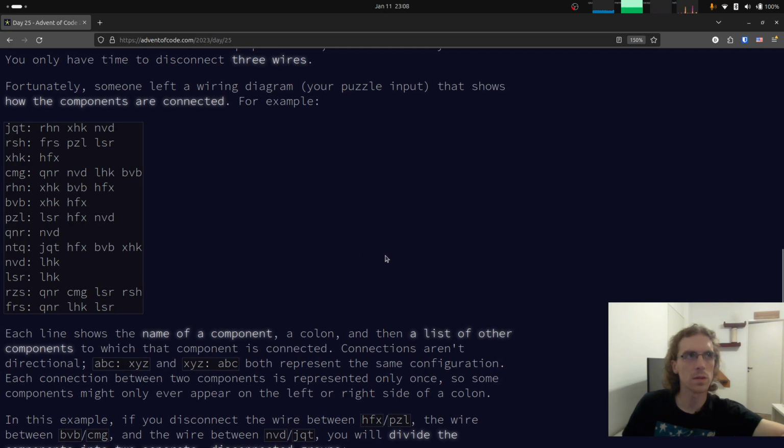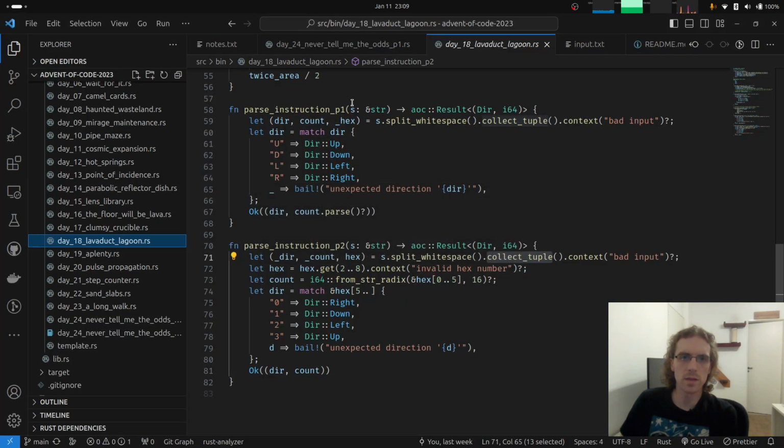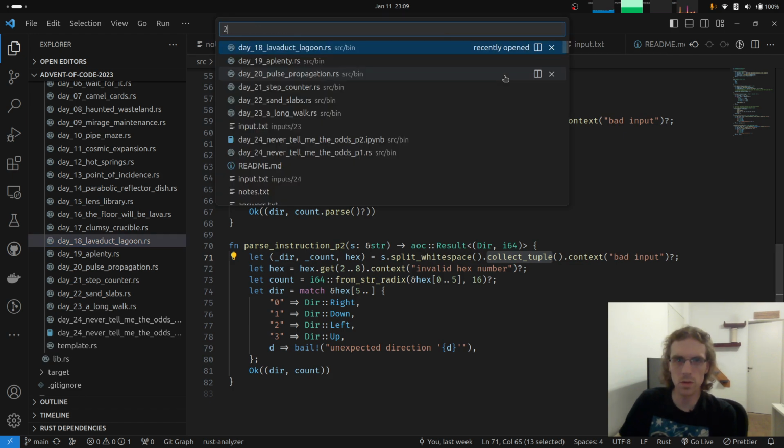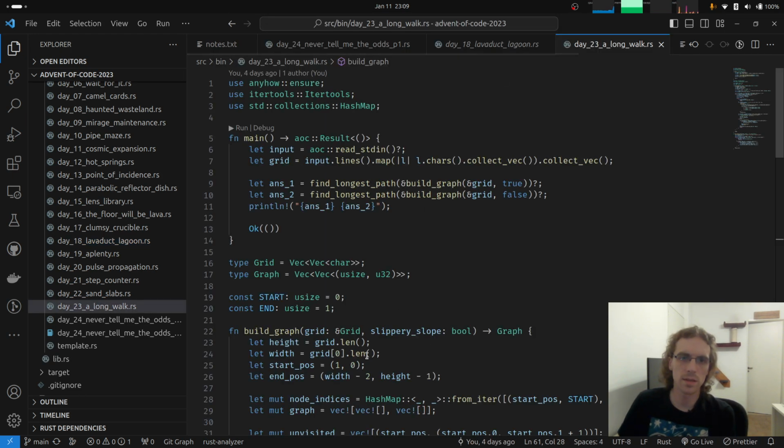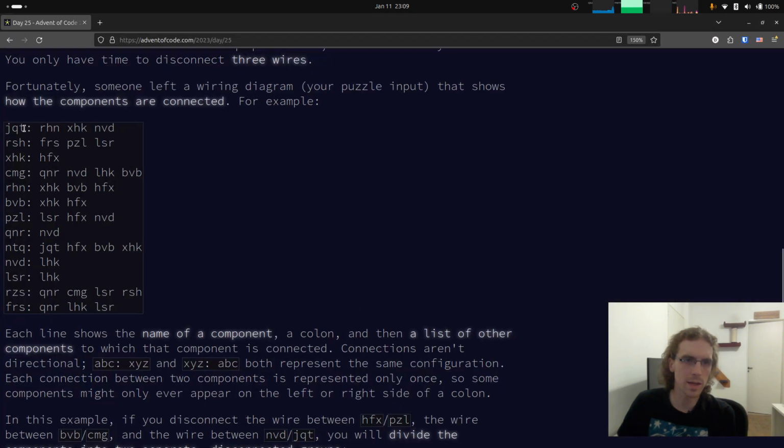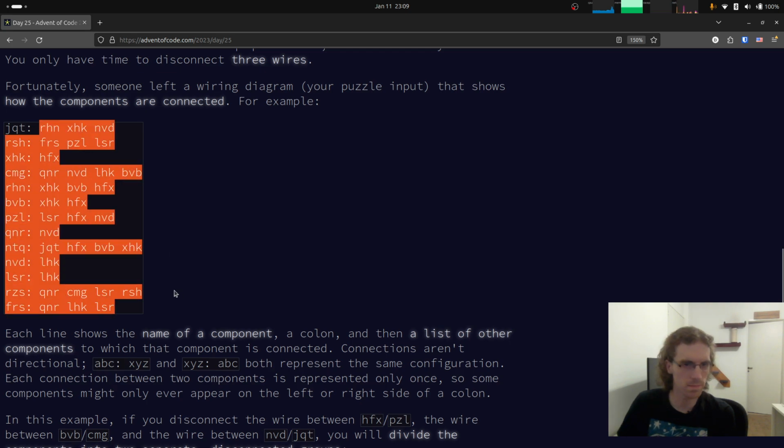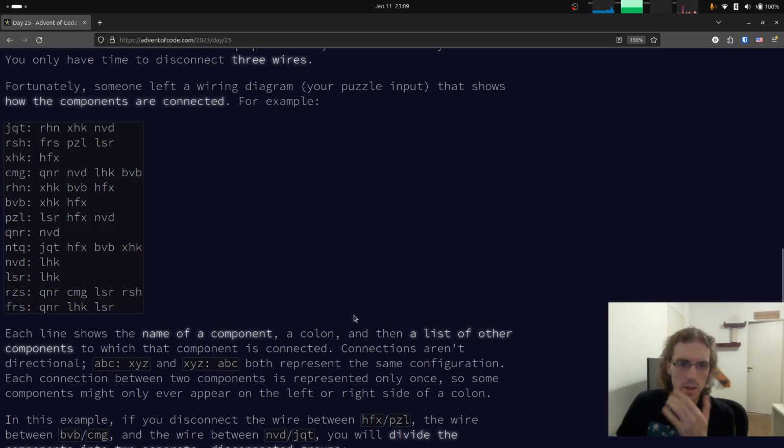Yeah, the one that also was like modules and you send pulses between components. And actually, the graph that we built on day 23, I think it was, yeah, this thing, well, then I changed to vectors, but at some point it was a hash map of almost this exact shape.